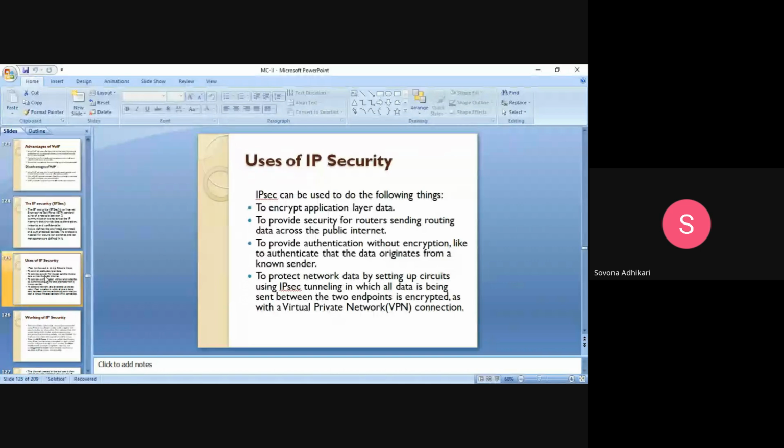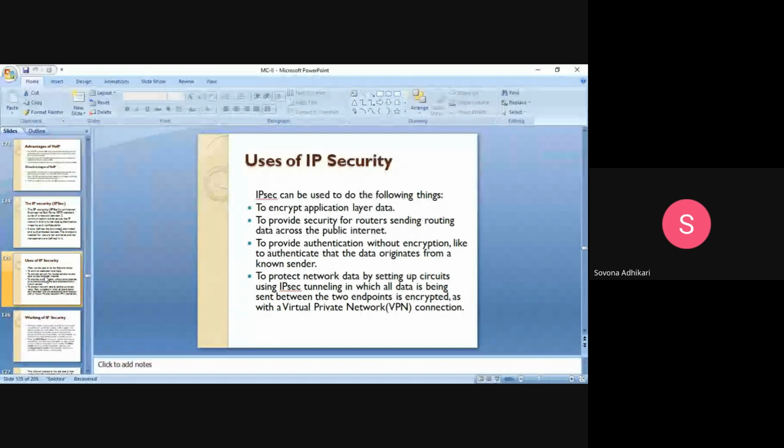To provide authentication, we check user ID or passwords, or use a face recognition system, fingerprint recognition system, or iris. So to authenticate the user, different techniques are used.